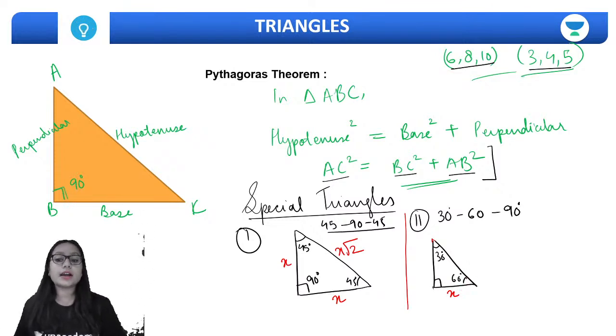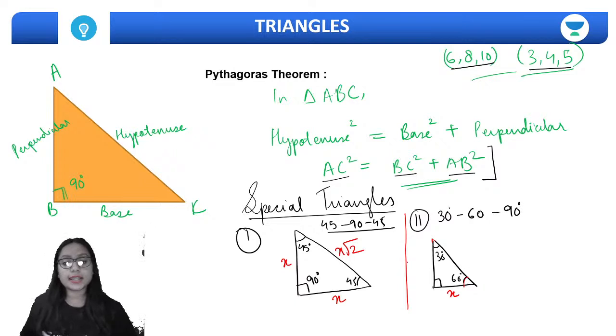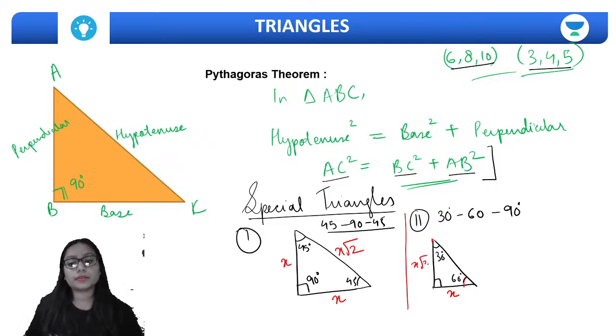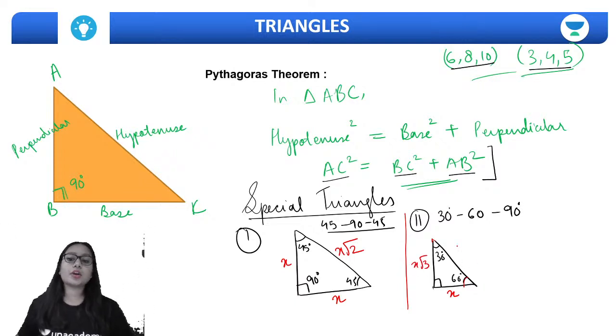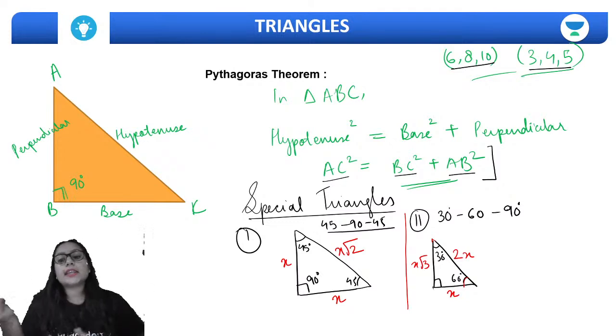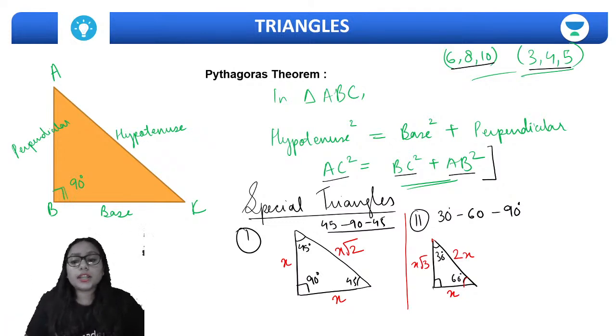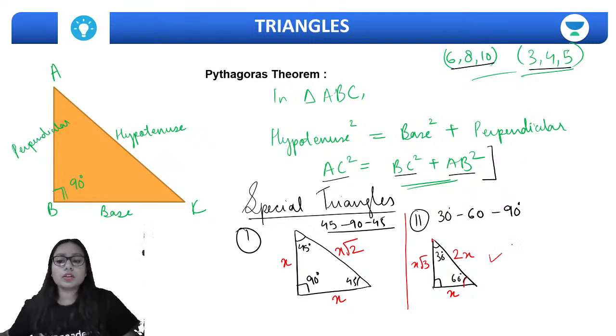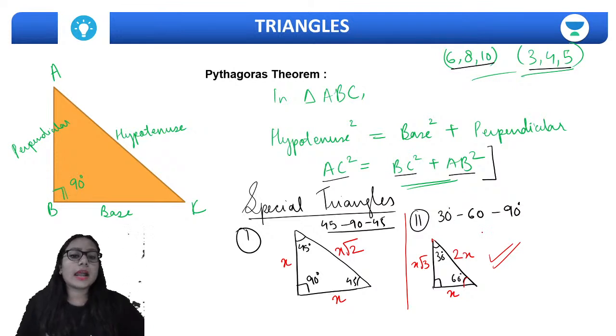According to this, the side opposite the 60 degree angle would be x root 3, and the side opposite the 90 degree angle is 2x. This is also one of the ratios that you need to remember. Always take the smallest side against the 30 degree angle as x, the side opposite 60 degree will be x root 3, and the hypotenuse is the largest side, so this would be 2x. This is what you need to remember. I hope this is clear.